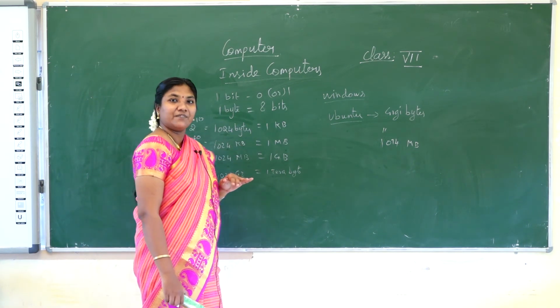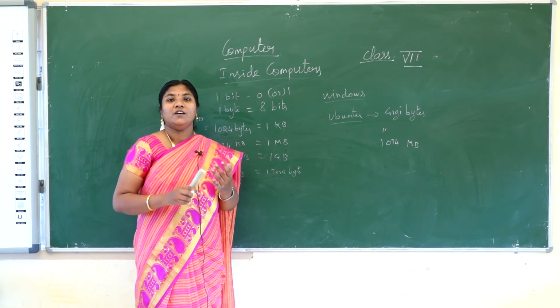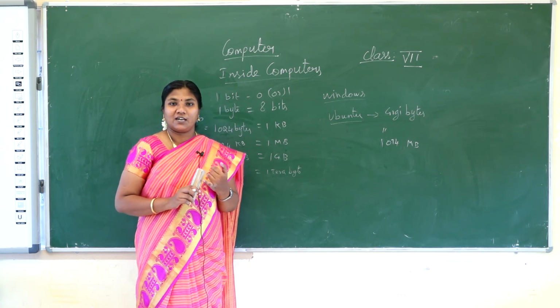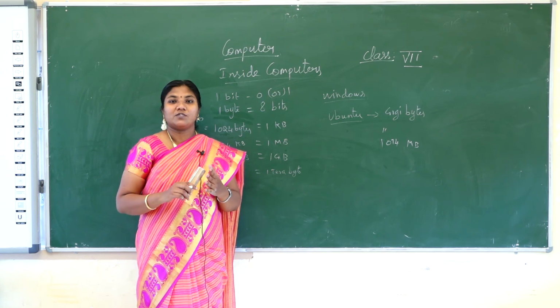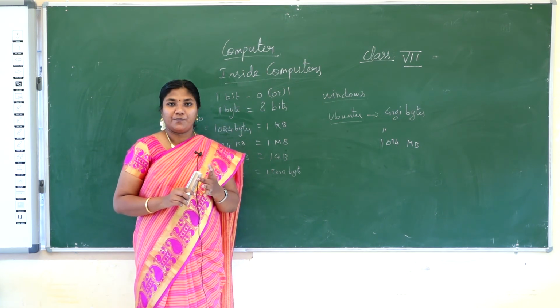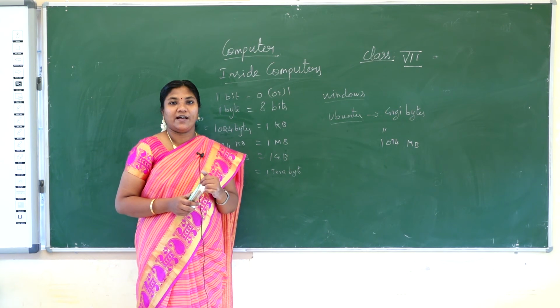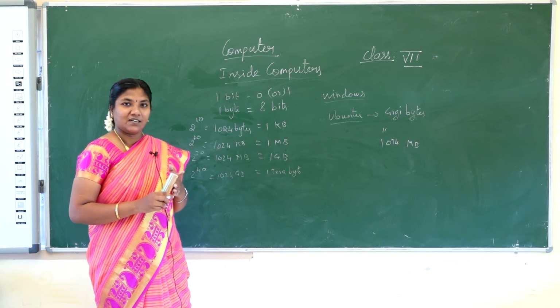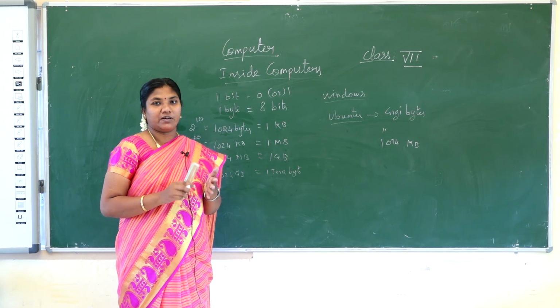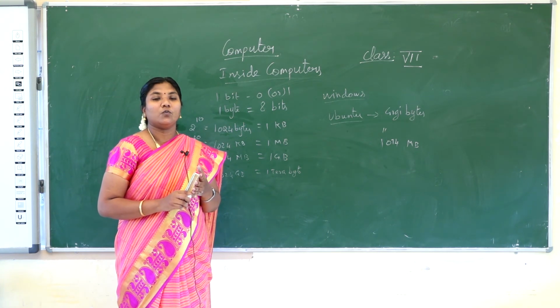Up to that we have learned today. So what do you know? What are the components used outside the computer and inside the computer? Outside the computer you know keyboard, mouse, CPU, but inside the CPU you have the motherboard, then BIOS, then processor, and then power supply, ports. Then you have learnt what the CPU is.